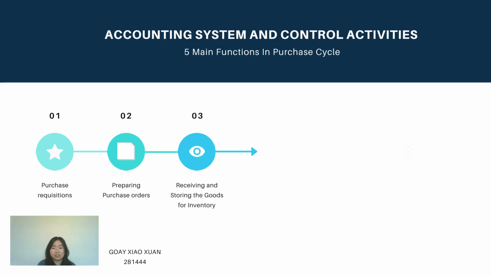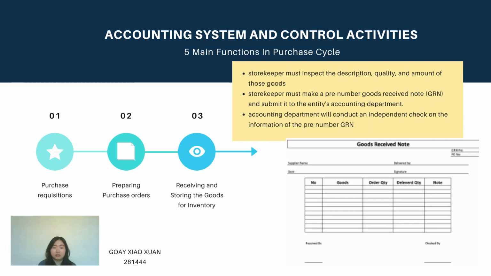The third main function is receiving and storing the goods for inventory. Once the product's order arrives, the storekeeper must check the goods description and condition, then accept it if everything is correct or reject it. Then the storekeeper should make a pre-numbered goods receipt note (GRN) as evidence of the purchase transaction and then send it to the accounting department to conduct an independent check.